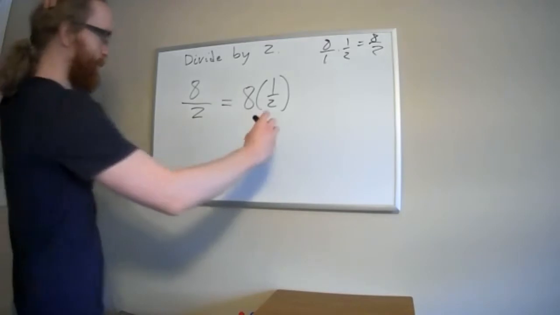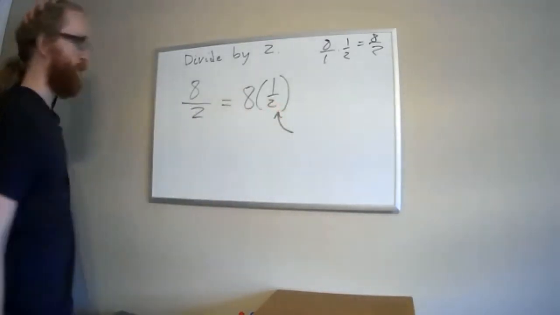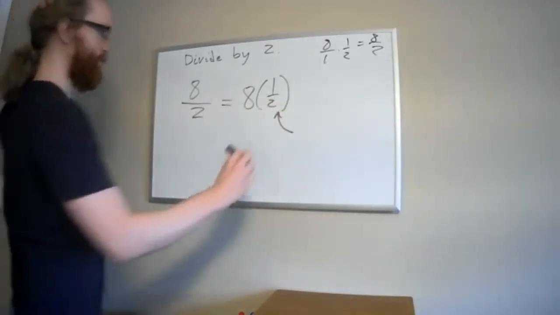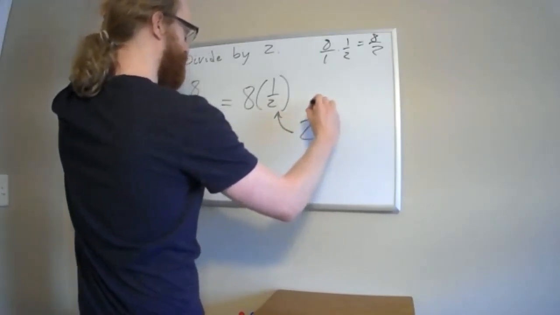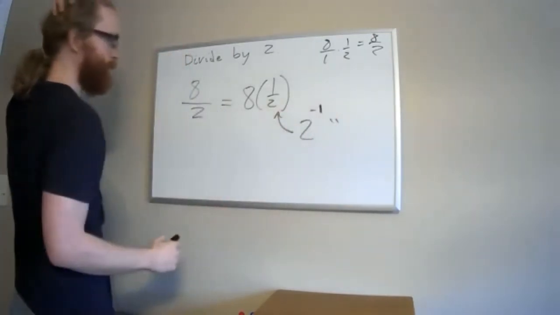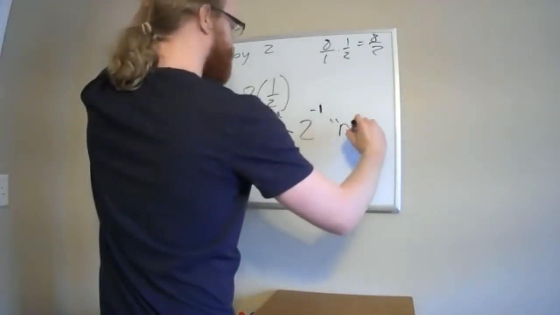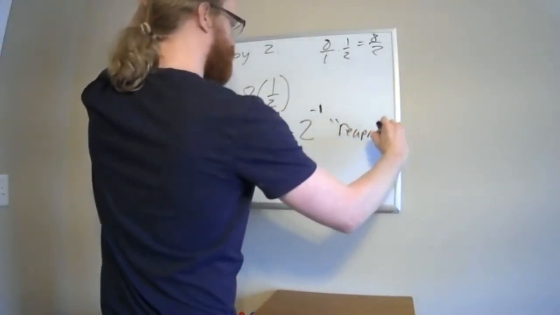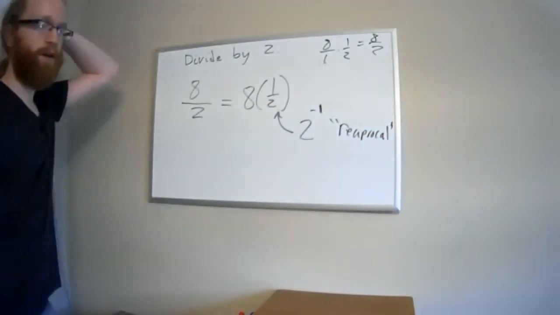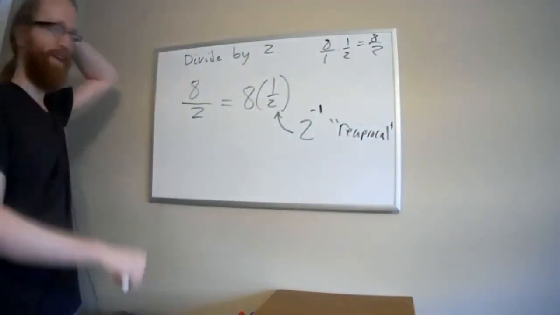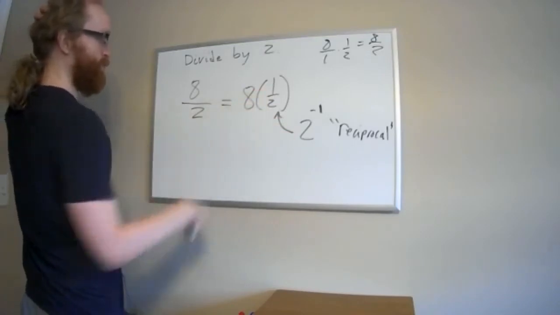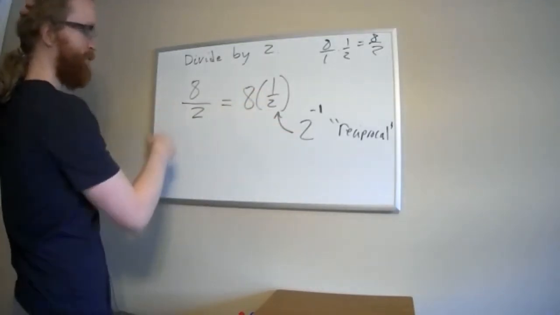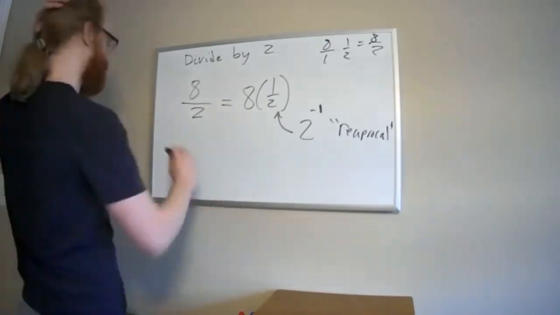This 1 over 2 is another way of writing 2 to the negative 1, which we would call the reciprocal. I'm sure you guys have all heard the word reciprocal. If I have a number, I just flip it over. So the reciprocal of 2 is 1 over 2. Dividing by 2 is the same thing as multiplying by the reciprocal.